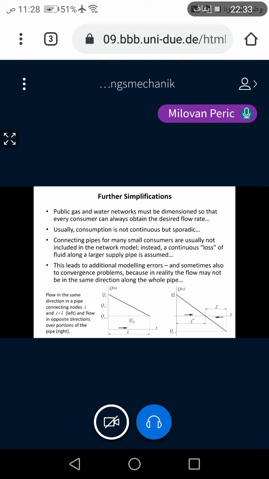So I won't go into more details here because this is not CFD per se, but still it's interesting, I think, to let you know how these methods in principle work.